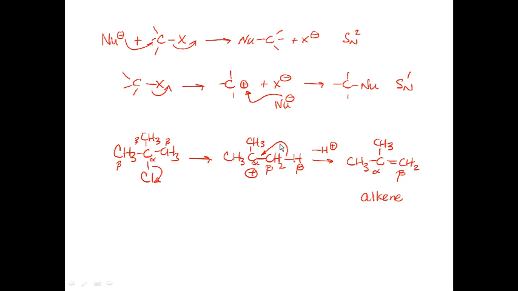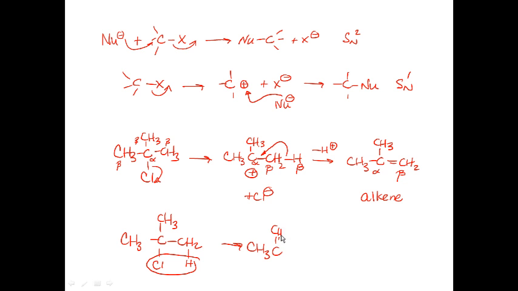And so it turns out that for this reaction, this is elimination, because the net result is that if I put my Cl- down here, the net result is that I've lost HCl from this molecule. So if I just rewrite this molecule here, the tertiary butyl chloride, the net result is that I've lost or eliminated HCl from this molecule to form my alkene, my carbon molecule with the double bond.